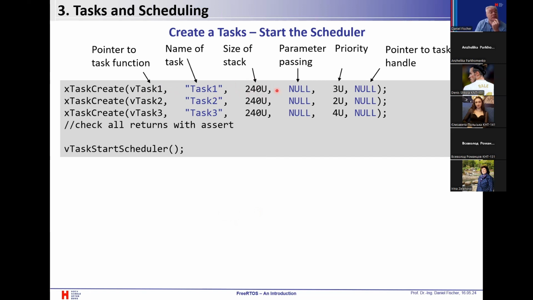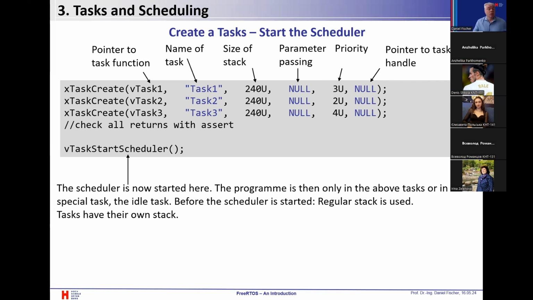Here you give the stack size in words. A word is 4 bytes on our platform. Then you can pass parameters, maybe not necessary. Then we have the priorities, and here we can also put, if we want, a pointer to a task handle, and FreeRTOS then sets this pointer to the correct handle.